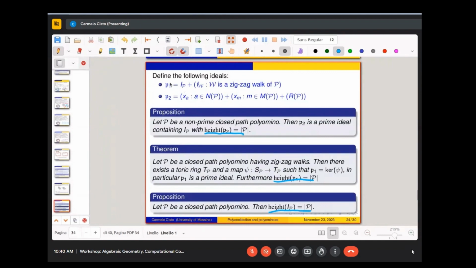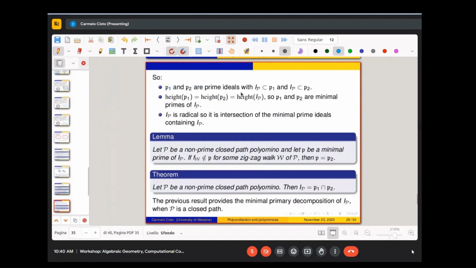This means that they are prime and also minimal primes of P, because it is not difficult to prove that the ideal associated to the closed path is contained in both P1 and P2. So they share the same height, so they are minimal primes.